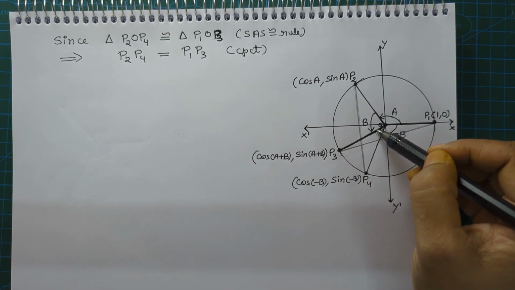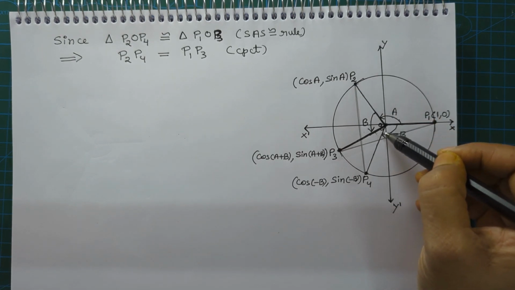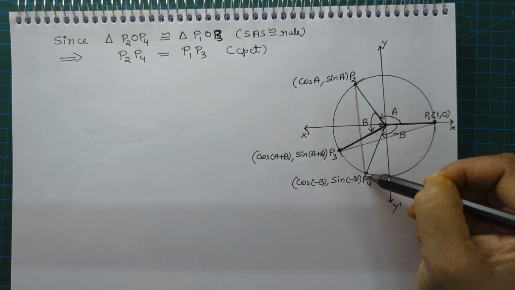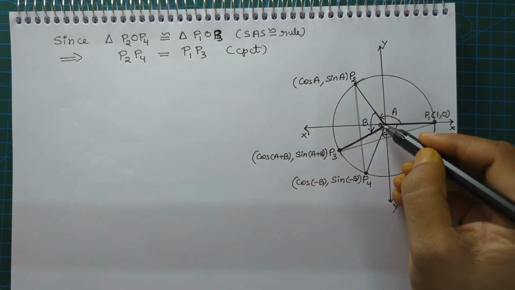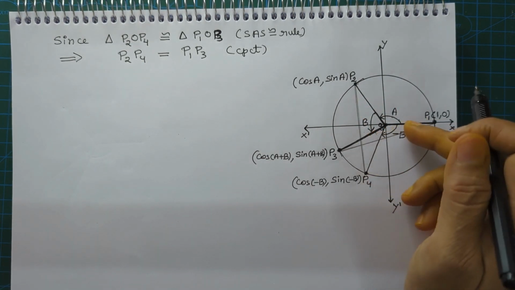So included angle. So I spoke about SA, SA. And the third side OP4 of this triangle is equal to OP3 of this triangle.